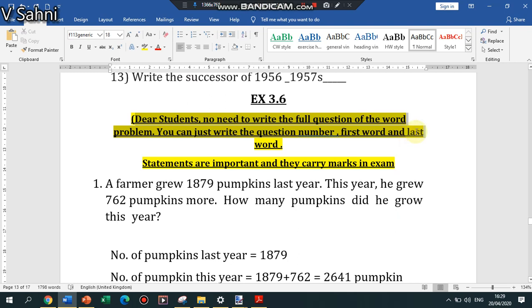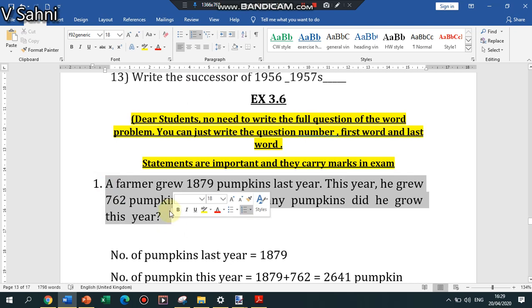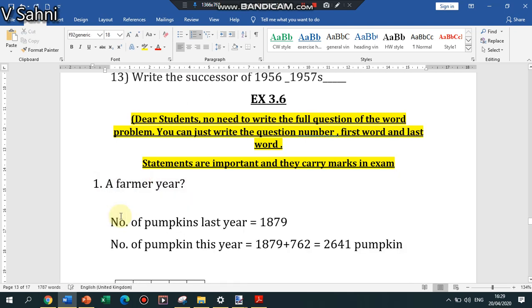You can just write the question number, first word and last word. I have written it in full here, but you can simply write it like this also, because this is how we actually give it in the class notebook. You can write the problem like this.